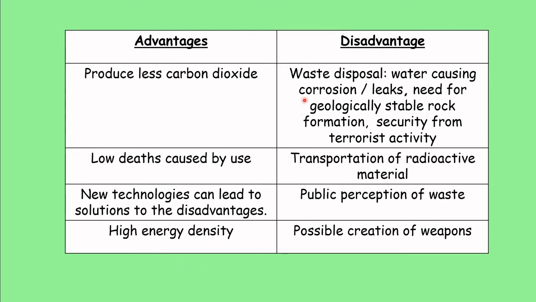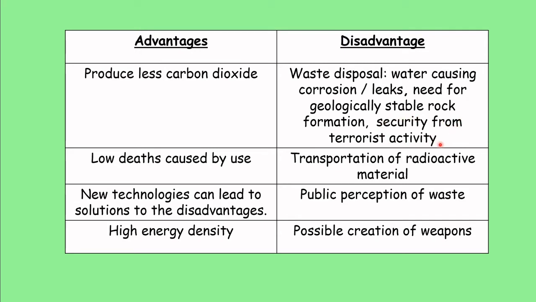Some of the disadvantages: you need to dispose of the nuclear waste. So leaks in the water pipes could lead to some of the nuclear waste getting into the water sources. You need to make sure you're on stable rock formations underneath. If you have, say, earthquakes, that could disrupt the power station and you could get nuclear waste enter the environment. And also security from terrorist activity.